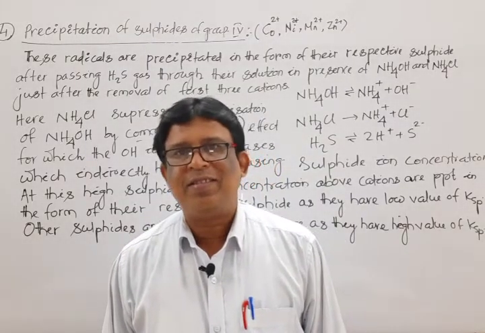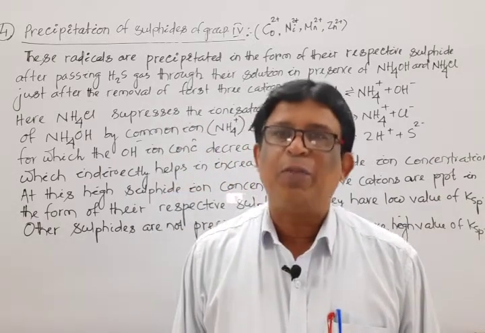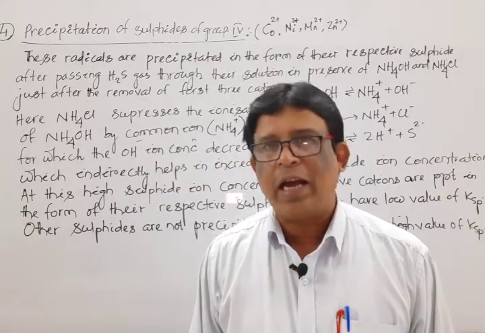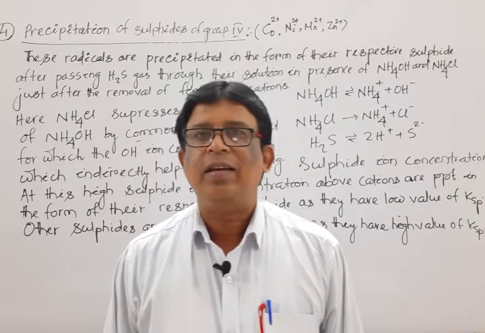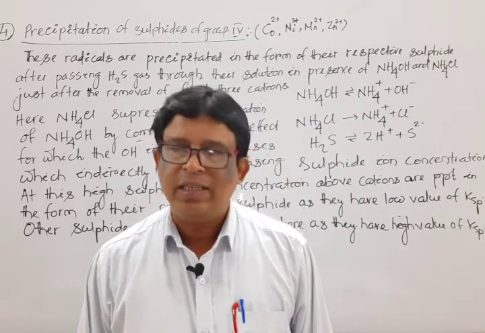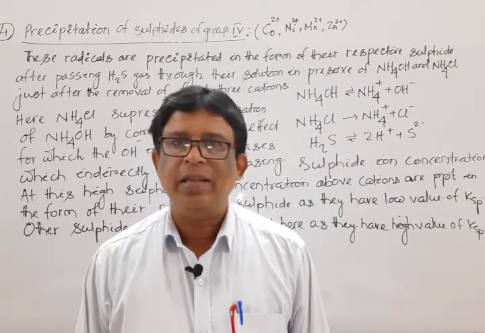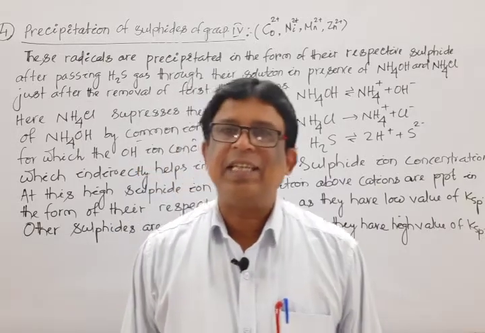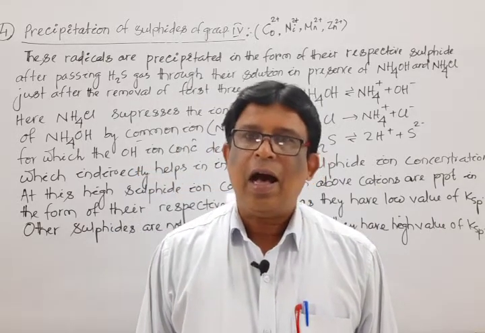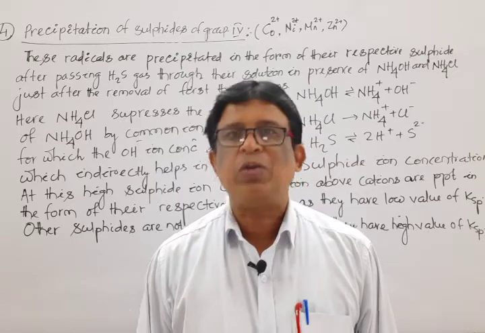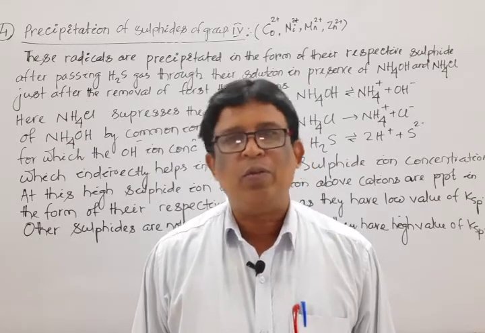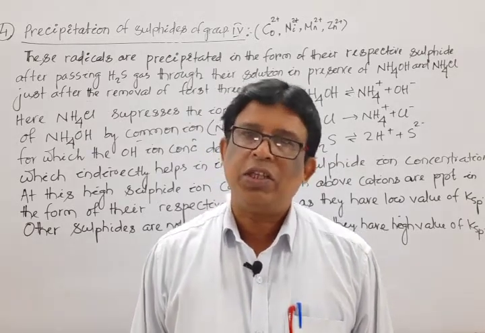Next we discuss the precipitation of group 4 cations. Group 4 cations are nickel, cobalt, zinc, manganese, and the group reagent is ammonium hydroxide plus ammonium chloride plus H2S gas.